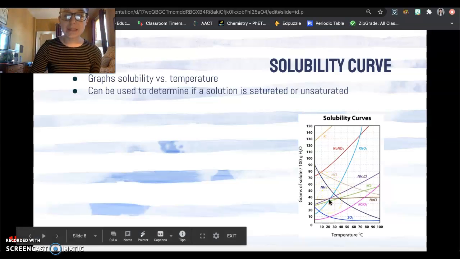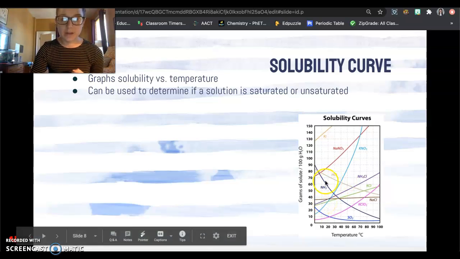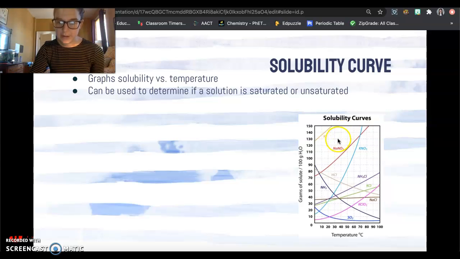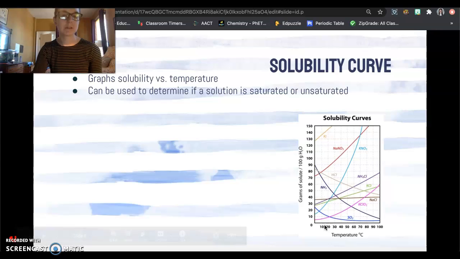We can use the solubility curve to determine if a solution is saturated or unsaturated. So, for example, sticking with potassium iodide, if I have a solution of potassium iodide at, let's say, 15 degrees Celsius, and I have 135 grams of potassium iodide dissolved, I want to know, is my solution saturated, unsaturated, or supersaturated?